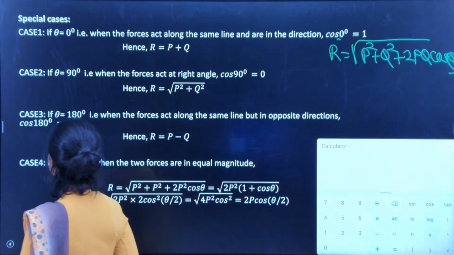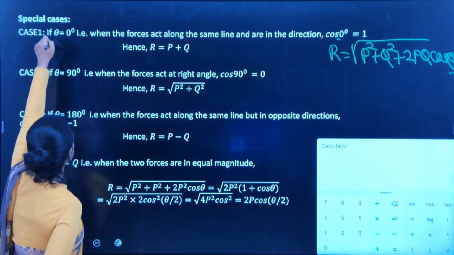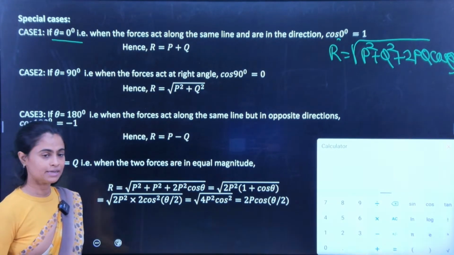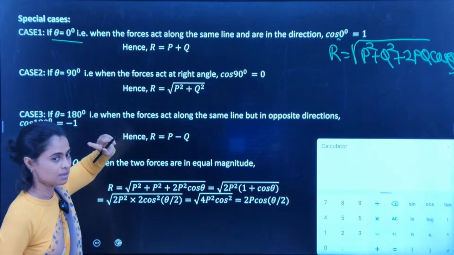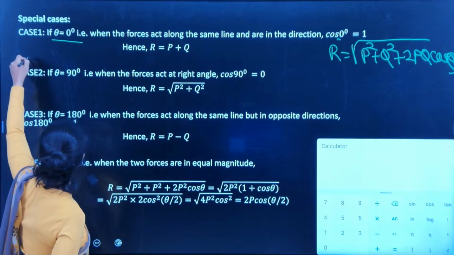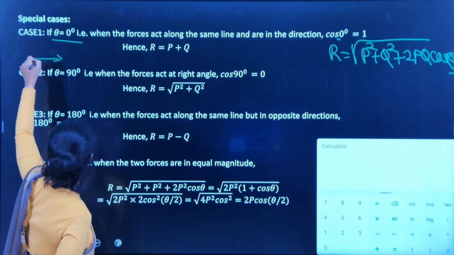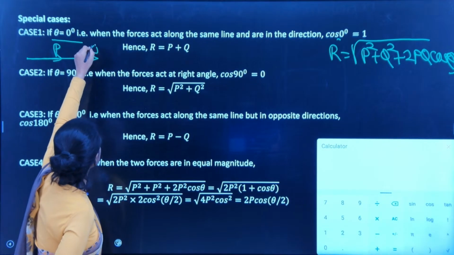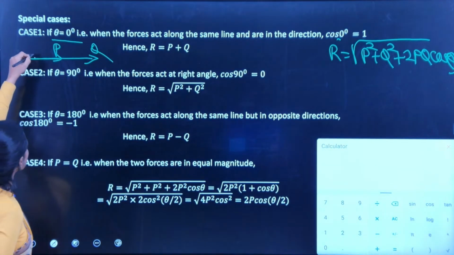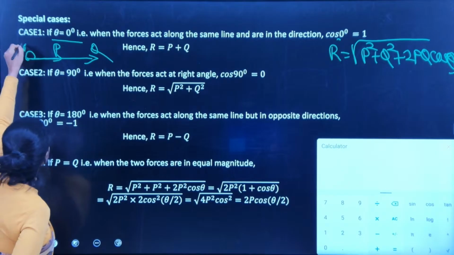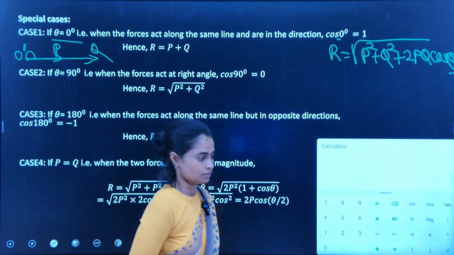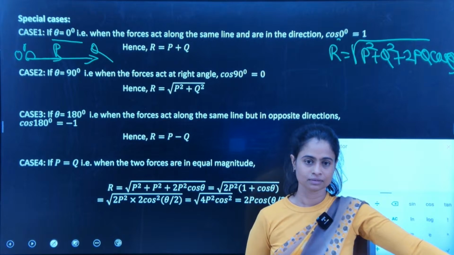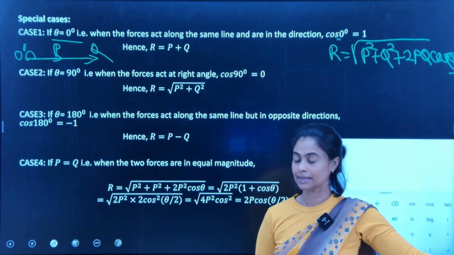Now let us consider that theta is 0. Theta 0 indicates that the two forces P and Q both are acting in a single line. If this is our P and this is Q, the angle between P and Q is 0 degree, right? That means both P and Q are collinear. They are acting along a line.